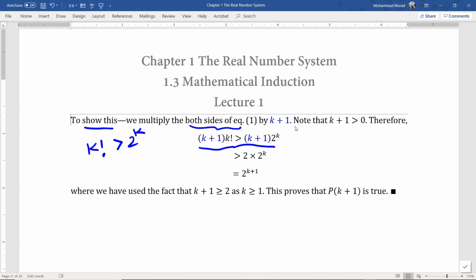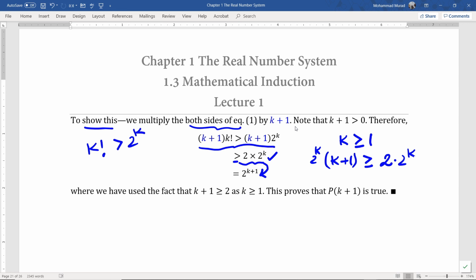Now, the right-hand side of this inequality can be put into this form, because since k is larger or equal to 1, as k is a positive integer, then k plus 1 would be larger than or equal to 2, just by adding 1 to both sides. Therefore, if we multiply both sides by 2 to the k, we get this inequality, possibly with an equal sign. So the right-hand side is none other than 2 to the k plus 1.